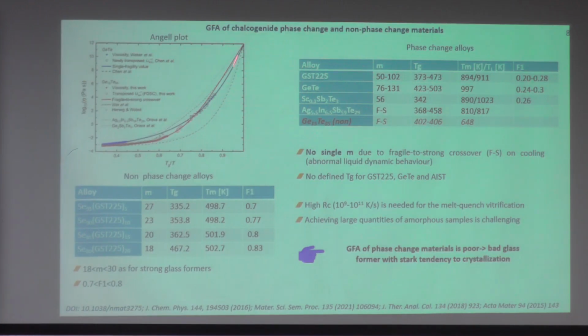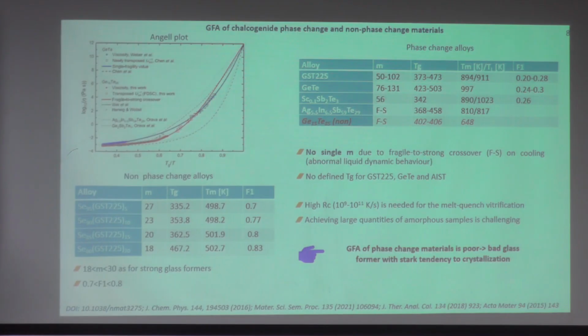So it's a fragile liquid. Then if you look at some parameters for phase change materials, again for GST225, germanium telluride, and antimony telluride, AST, the M parameter is high for GST and GeTe, and also the Senkov parameter is low, less than 0.65.